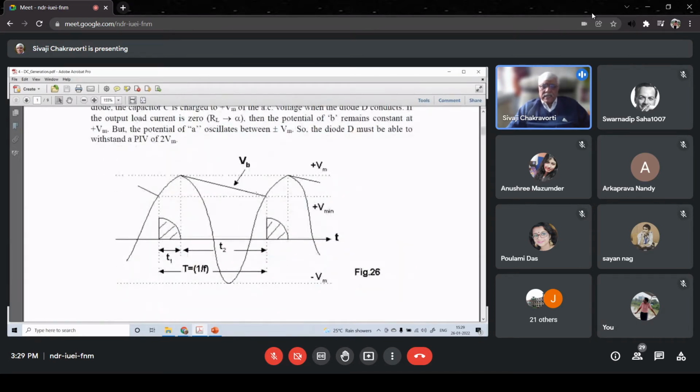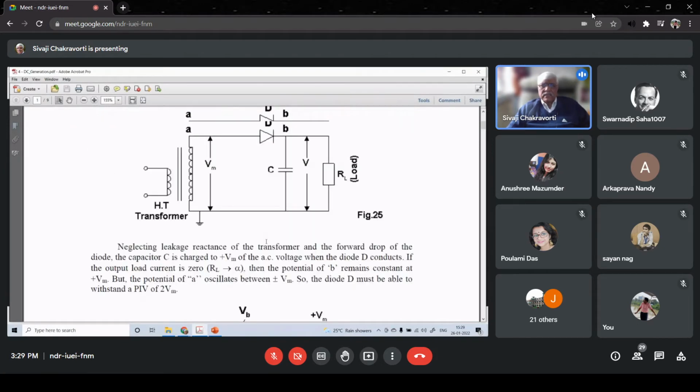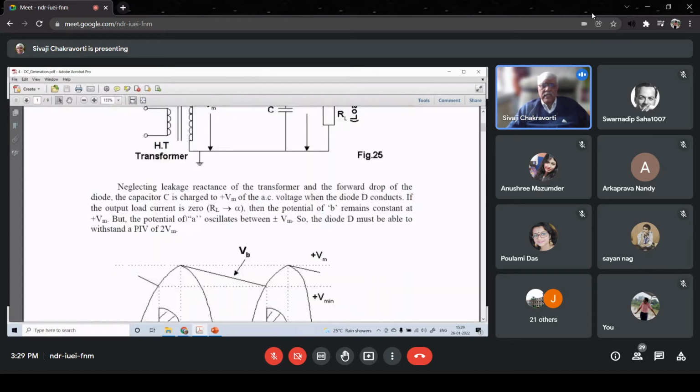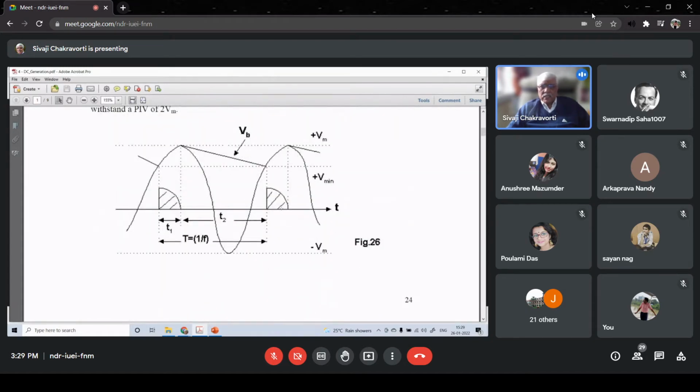Now, so far as the current is concerned, the current flows through this diode and naturally through this transformer only during this period of charging. So there is no current on the negative half cycle. There is only a small amount of current through the transformer and diode in the positive half cycle. That's why it is called an asymmetric circuit.